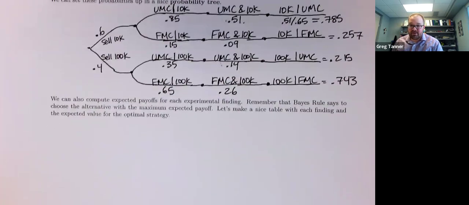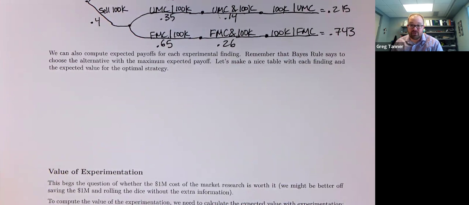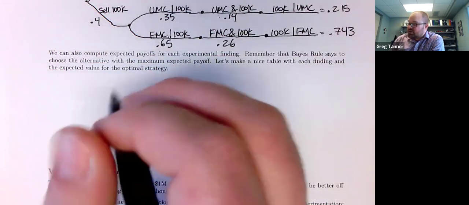So once we have those posterior probabilities, now we're actually ready to use Bayes' rule. Okay. So Bayes' rule says we want to compute the expected value, and we'll compute the expected value under each possible experimental finding. So let's look at our alternatives and our experimental findings.